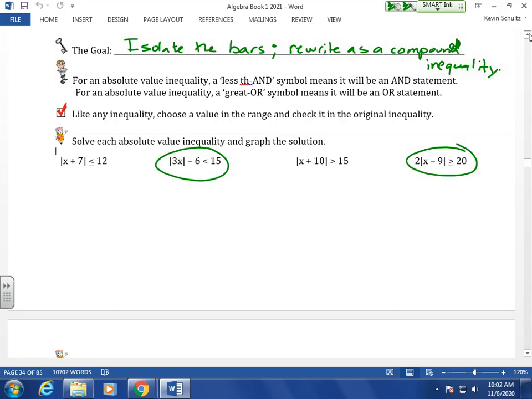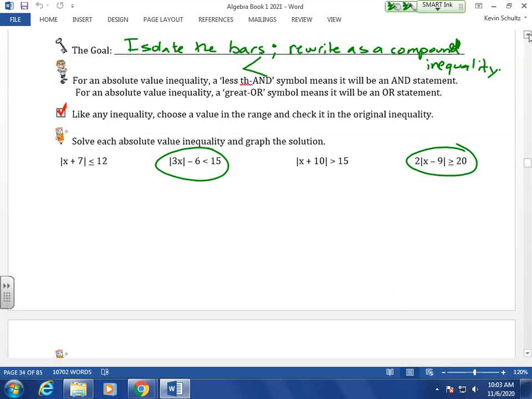What I'm about to tell you is copyrighted, it's patented, you can't steal it. You can use it though. For an absolute value inequality, a less than symbol means it's an and statement. Whenever you see a less than symbol, it's always going to be a compound inequality, an and statement.